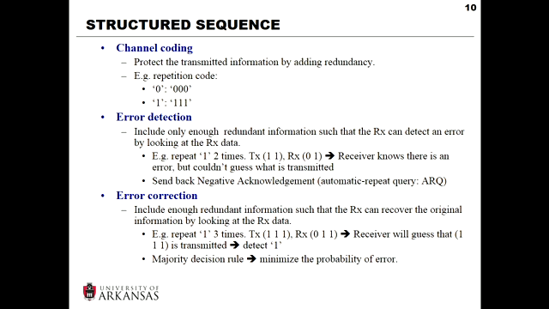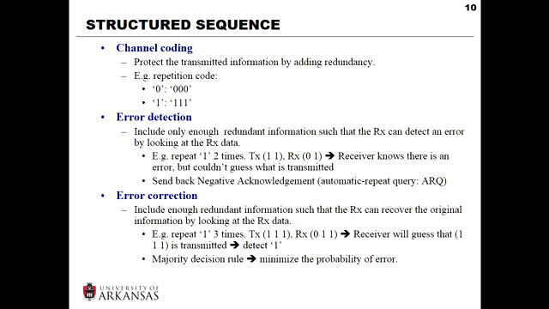As I have mentioned, the basic idea of channel coding is to add structured redundancy such that we can use this structured redundancy to protect the information from distortion. And this structured redundancy depends on the structure of the sequence itself. We looked at 2 very simple examples of error detection and error correction by using repetition code. Repetition code is essentially the simplest form of coding scheme, and in reality, not many people are actually using repetition code because it's inefficient.